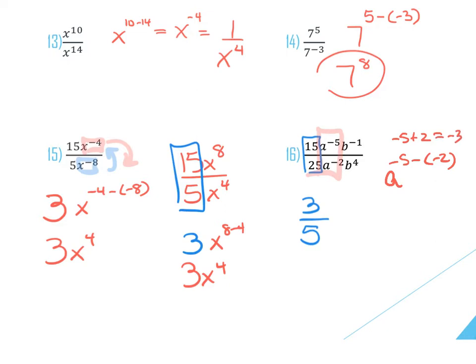So this becomes a to the -3. It's negative, so I write it in the bottom. And then I'll do the same thing for the b's. I'm going to subtract b to the -1 minus 4, b to the -5th. So again, it's negative, so I write it in the bottom.